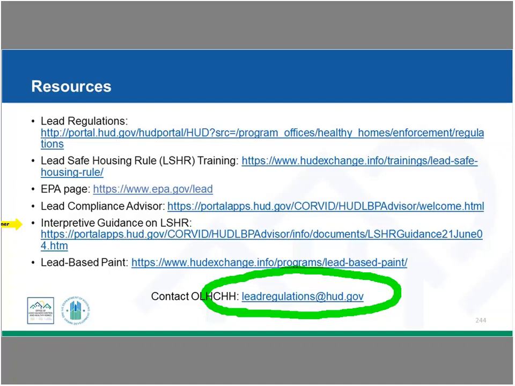We did mention that you have the option of choosing a higher level. Where we have done a visual assessment and found unstable paint surfaces, we could bring in an XRF, or have our risk assessor take chip samples and send them off to a lab.